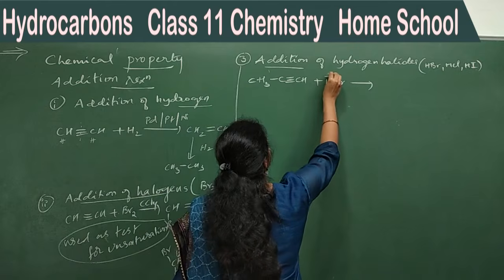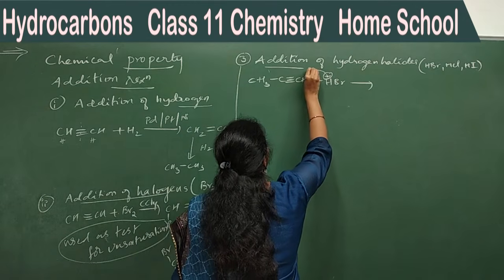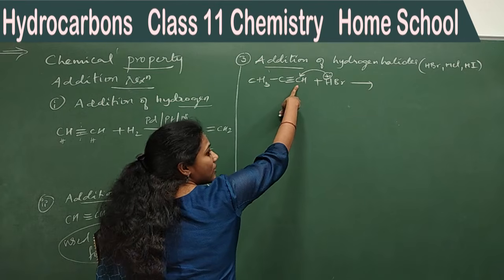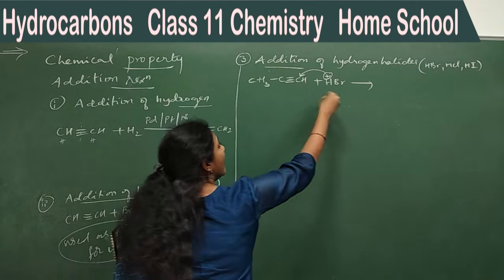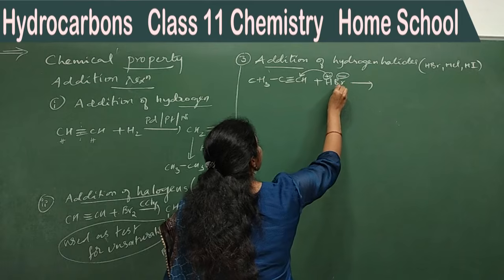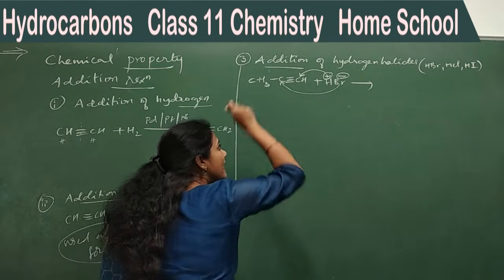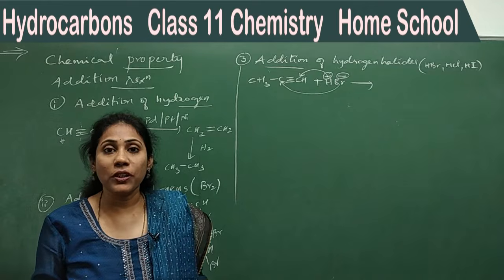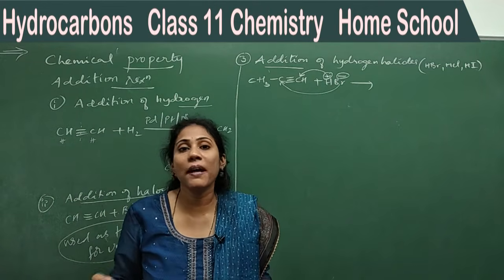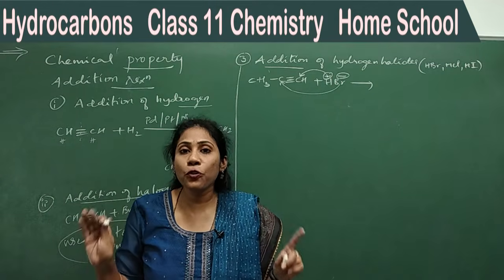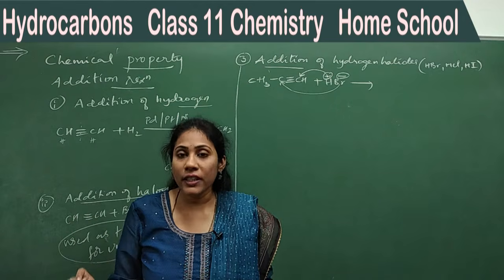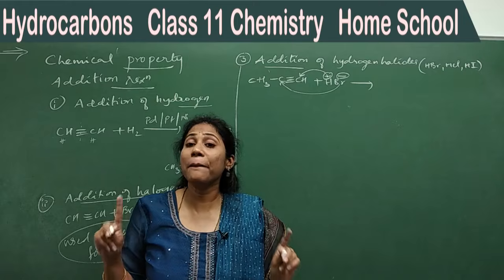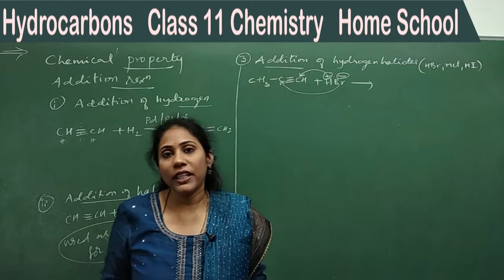The positive part is always added to the carbon having more number of hydrogens across a double bond or triple bond, and the negative part is always added to the carbon having less number of hydrogens. This is what we mean by Markovnikov's rule. If you are not aware of it, please do watch my videos on chemical properties of alkenes, so that you will get a complete idea about Markovnikov's rule.